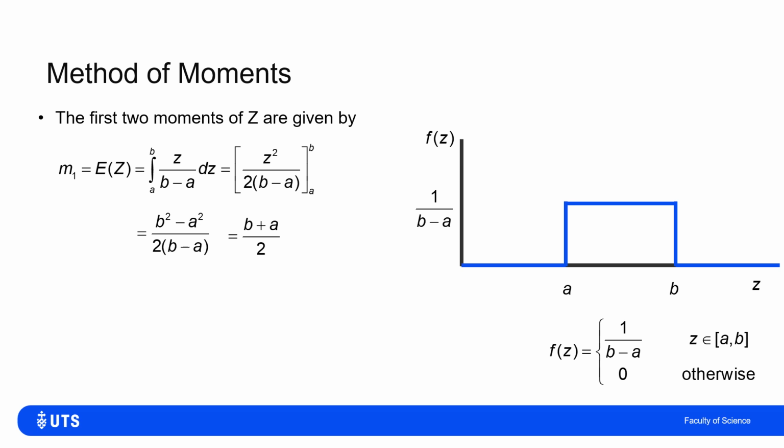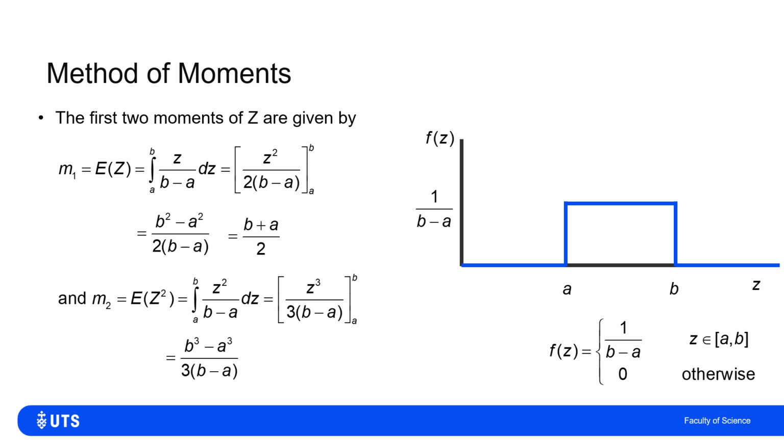The second moment's a little bit more complicated, but what I get to is a statement that depends on the lower bound and the upper bound: (b squared plus ab plus a squared) all over 3. So I've now got the population first and second moment, if I knew the parameters a and b.